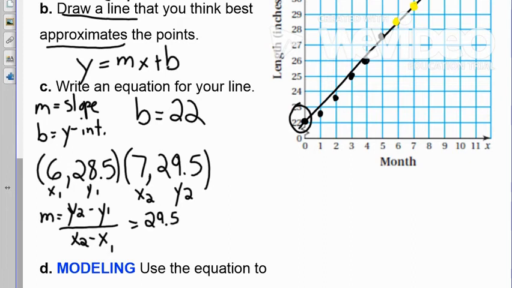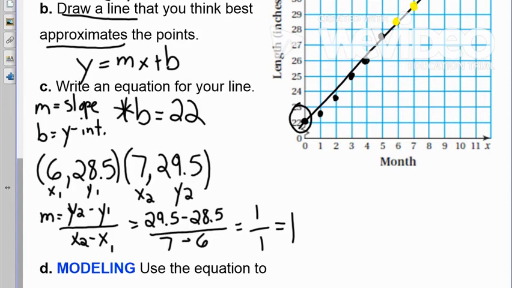So we will do 29.5 minus 28.5 all over 7 minus 6. Now we just simplify. 29.5 minus 28.5 is 1, over 7 minus 6, which is also 1, which simplifies to 1. So we now have our slope, and we now have our y-intercept.